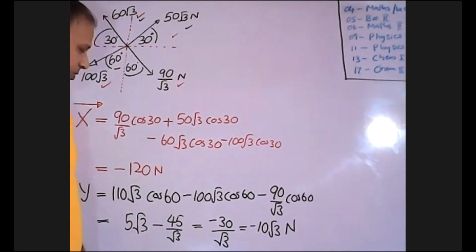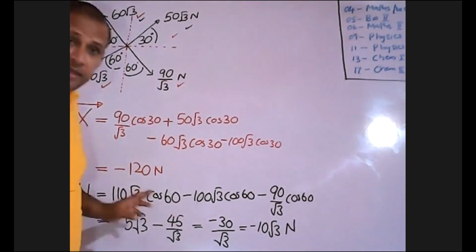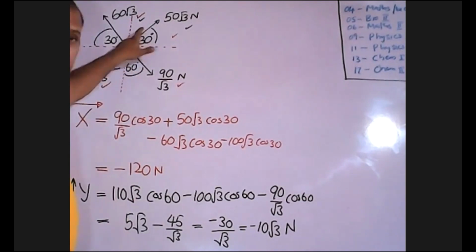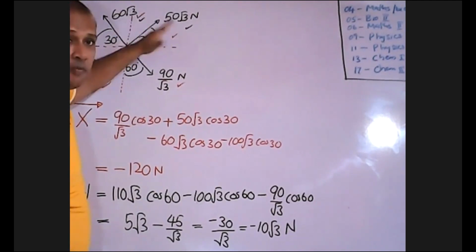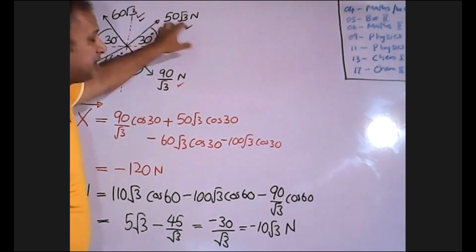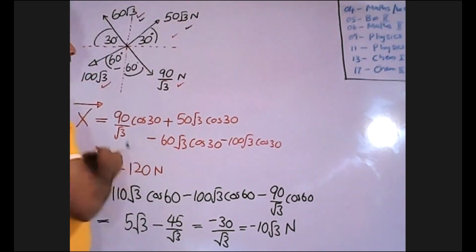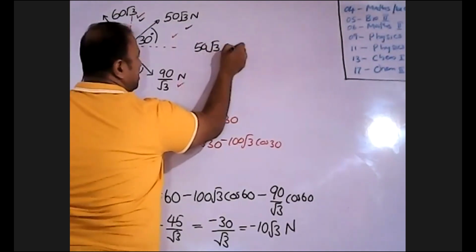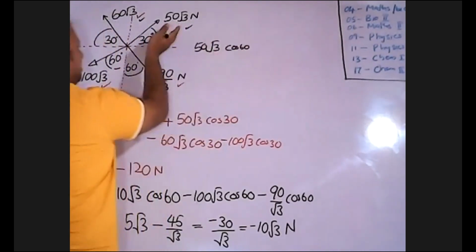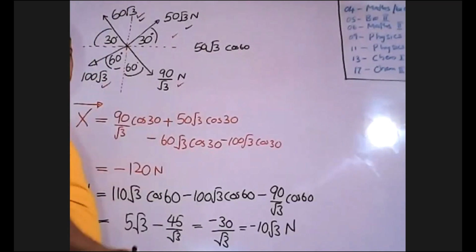Okay. Let's go to the explanation again. Look at this. Look at this again. You can clearly see these two angles are equal to each other. 60 and 60. Therefore, if I resolve this component, it is 50 root 3 cos 60. This is in the upward direction.